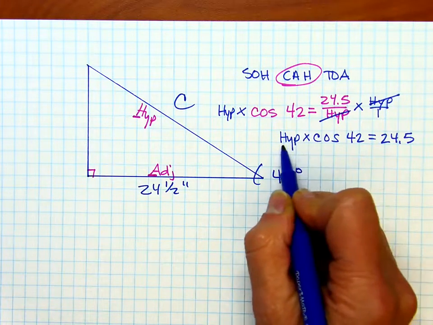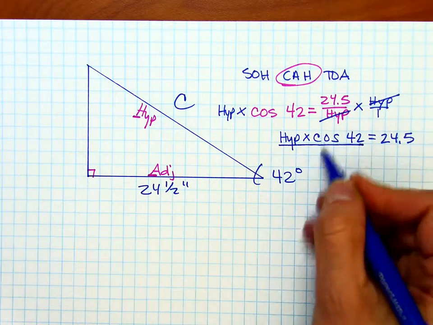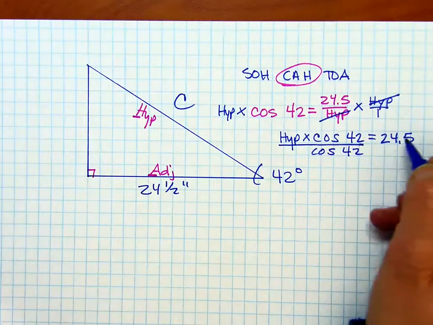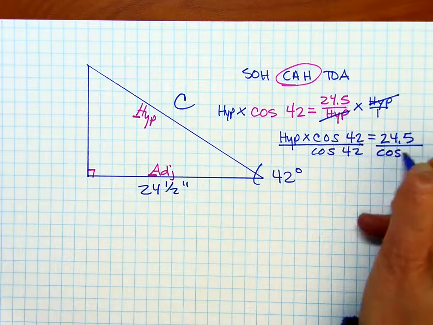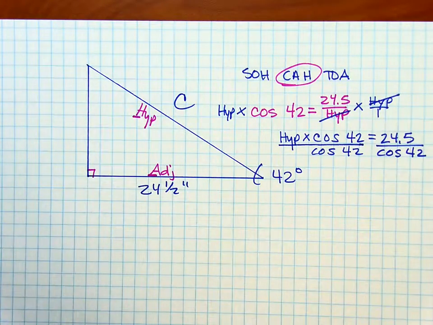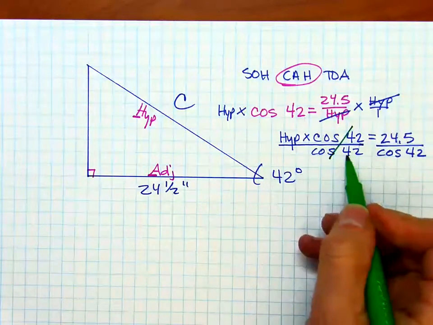We want to do division. So we're going to divide by the part we want to get rid of, which is the cosine 42. And again, we're going to do the same thing over here, divide by cosine 42. Okay? That essentially means we can eliminate that cosine 42 on the left.